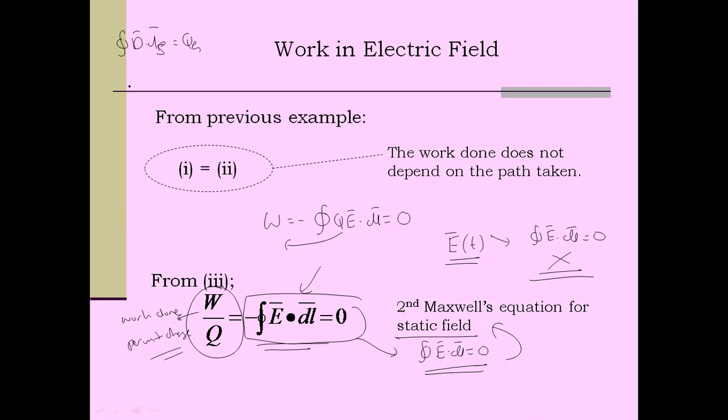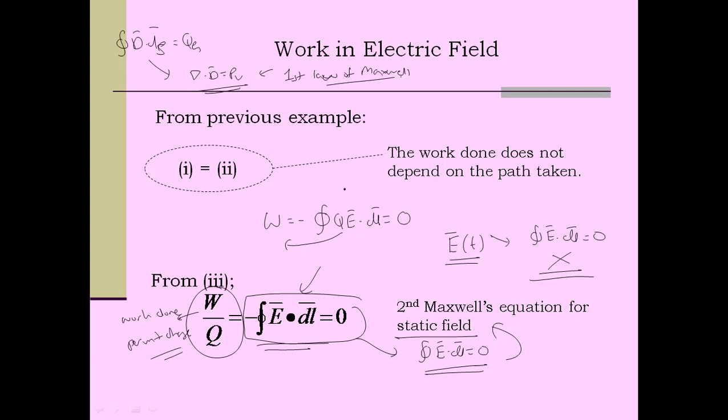By assuming that the volume of your Gaussian surface is approaching zero, we have defined this equation to be divergence of D equals to rho v, and this is what we define to be the first law of Maxwell. This is what we learned in lecture 7 last week. So this is the second law of Maxwell.